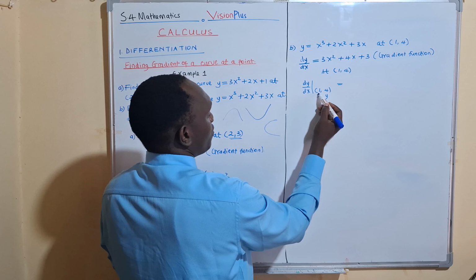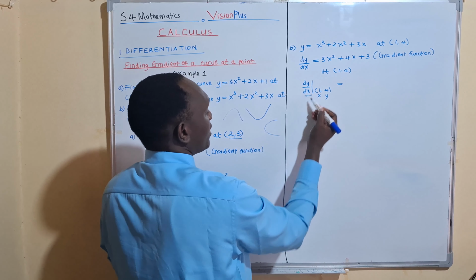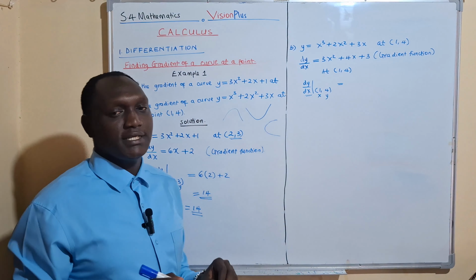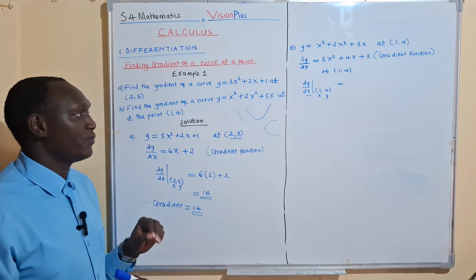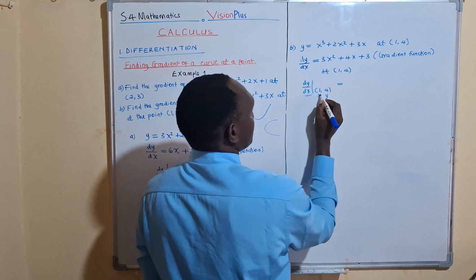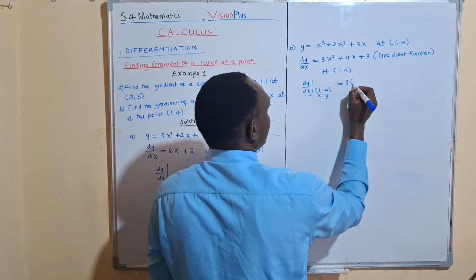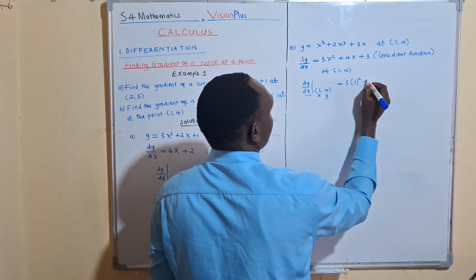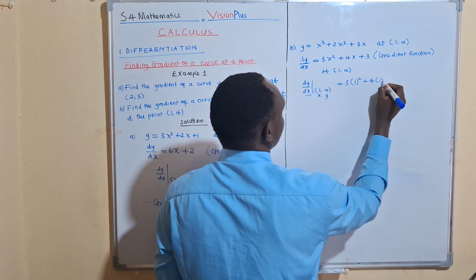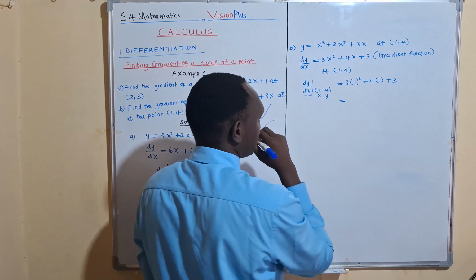After putting these coordinate points down here, this is no longer a gradient function, but now it is a gradient because we have the points. So we substitute for x as 1 in the gradient function, so that we have 3 into 1 squared, plus 4 times 1, plus 3. And then we simplify.